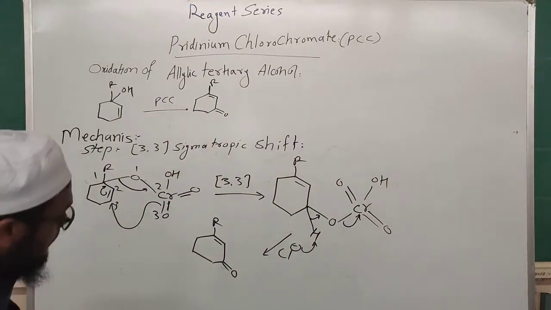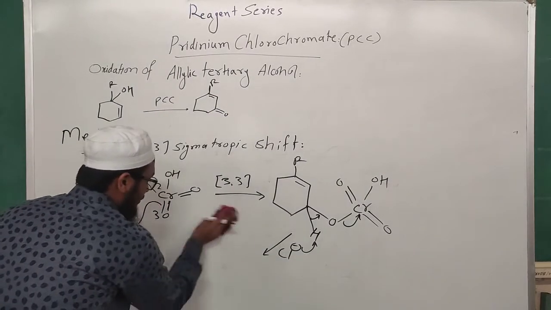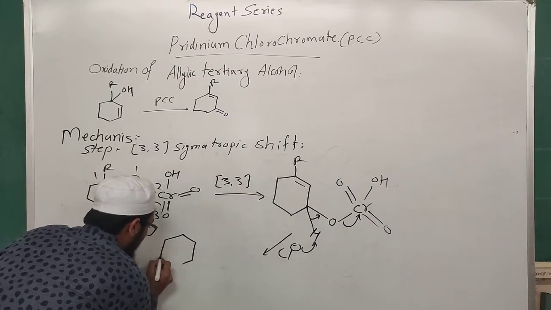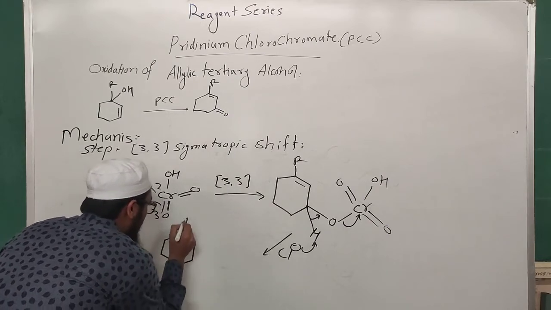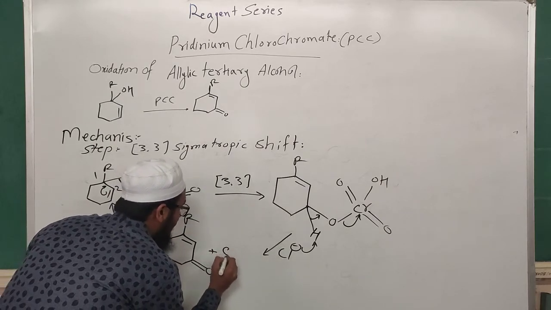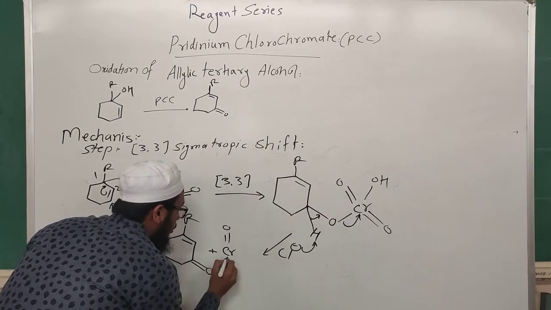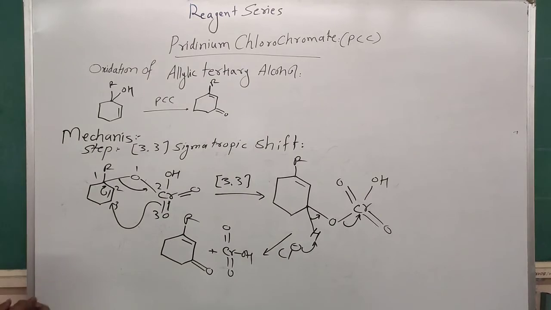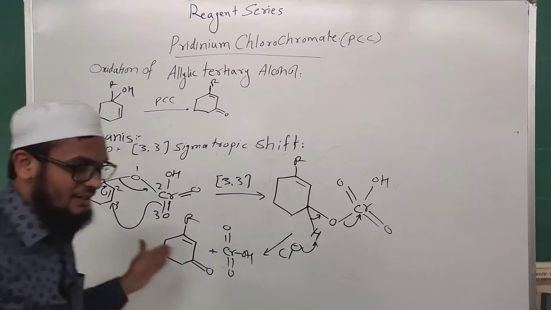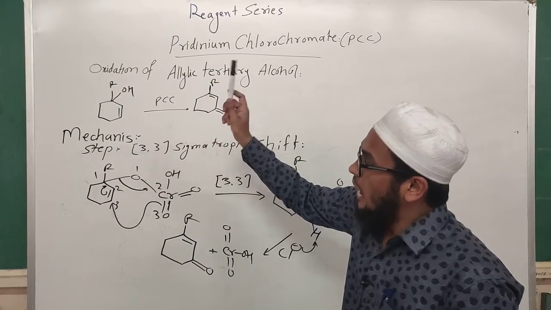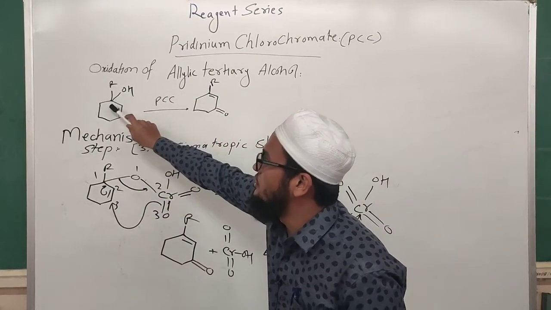Now let me write it properly so it looks beautiful. Okay, this is the structure. Now this is double bond O. Now what we have is chromium, double bond O, single bond OH, and HCl. If you compare since the beginning, what happened here? When it was in the first step, our hydroxyl group was at this position.